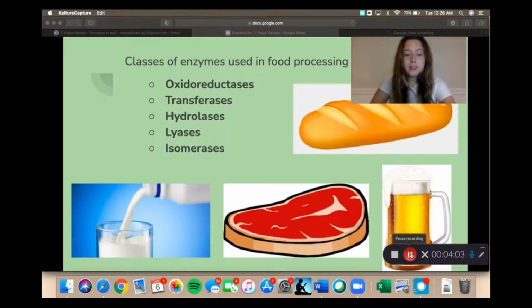Hydrolases include amylases, galactosidase, glucanase, glucoamylase, invertase, lactase, lipase, proteases, pectinase, peptidase, phospholipase, phytases, pullulanase, and xylanases.